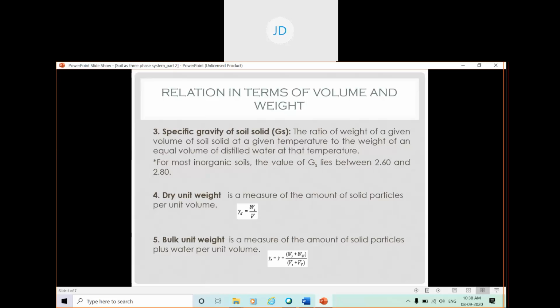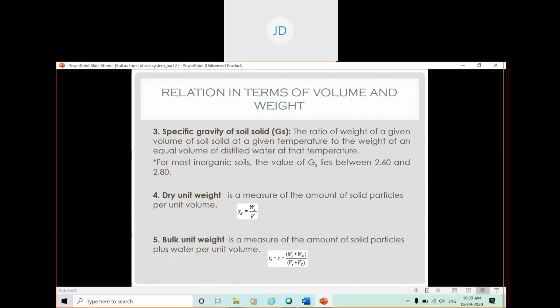Specific gravity, which is denoted by capital G in general, is defined as the ratio of the weight of a given volume of soil solid at a given temperature. I'm again repeating, okay? Specific gravity is defined as the ratio of the weight of a given volume of soil solid at a given temperature to the weight of an equal volume of distilled water at that temperature.